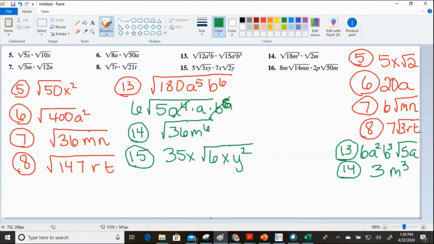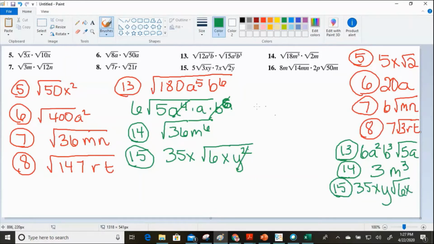Square root of 6 won't happen. There's no even power on the x. There is an even power on the y. So I can pull that out. So I have my 35x that was already there. I can pull out half of 2, which is y. That's this term. And I'm left with, on the inside, 6x.